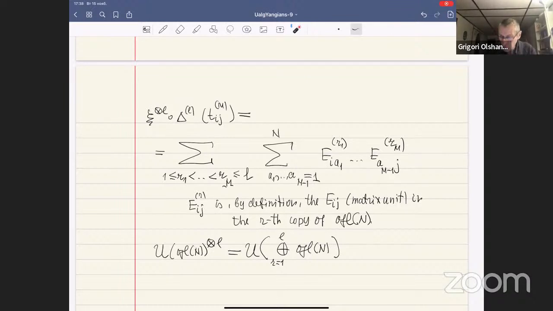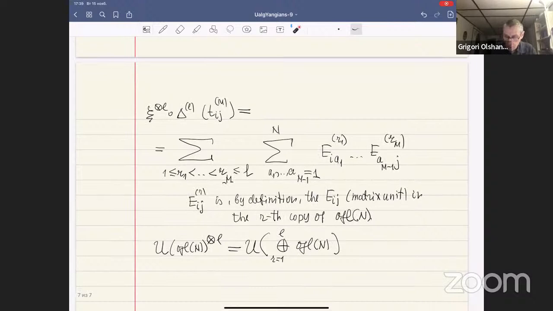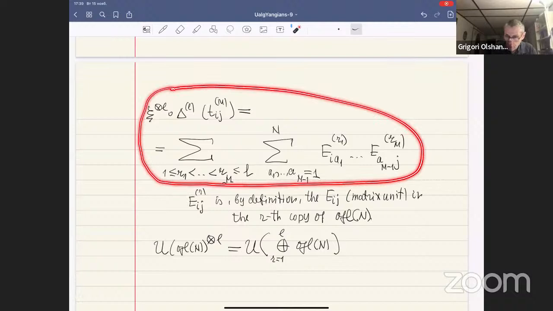It's easy to see because some deltas simply show that two a indices should be the same. And so there remains only m-1, a smaller number of independent indices in this summation. So we have this relation.